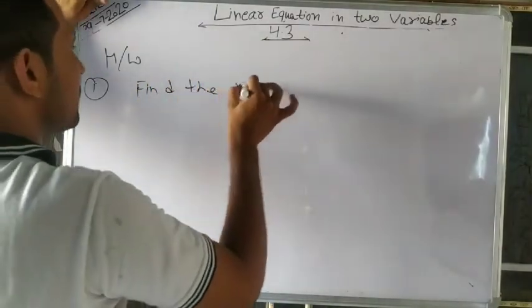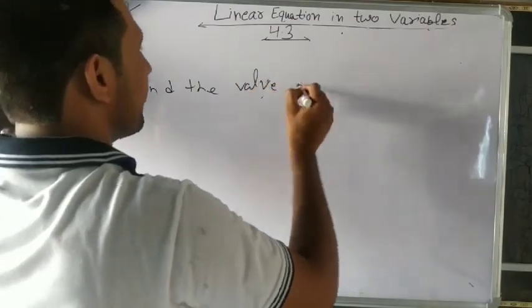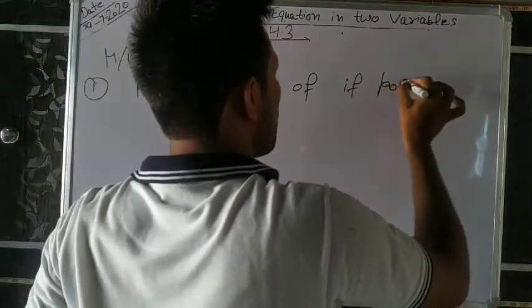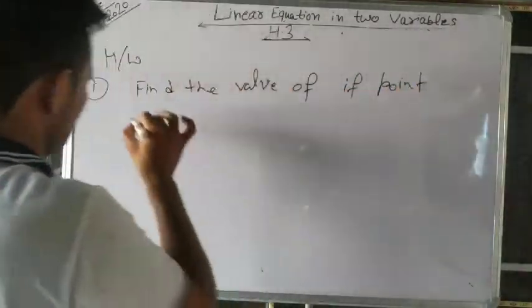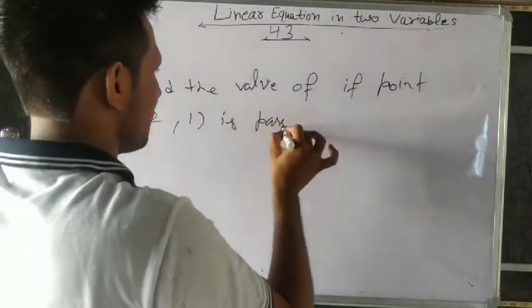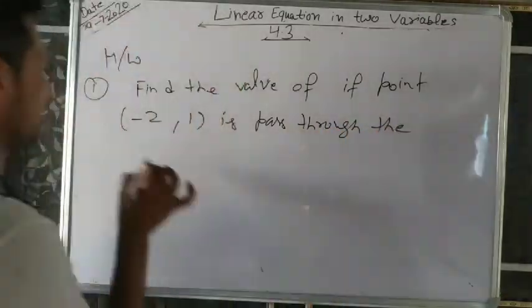Find the value of m if point -2 and 1 passes through the equation.